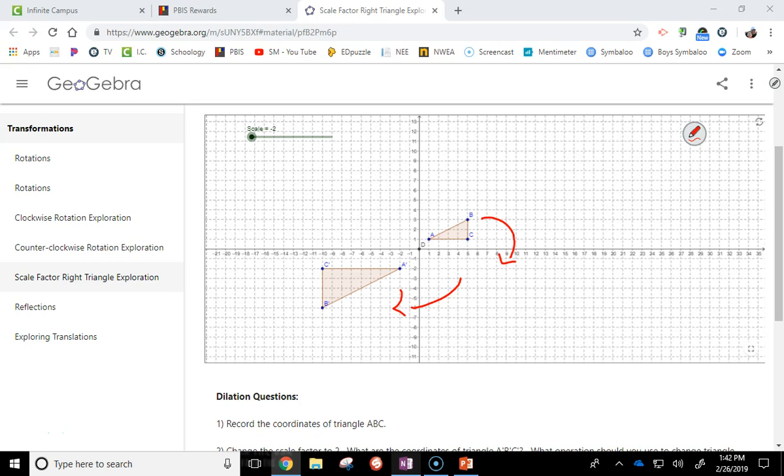Now, if it does -3, is it going to do 3 jumps? No. The 3 shows how much bigger it is. It's going to be 3 times big. The negative means opposite. So it would still go to the opposite one. If my triangle, I'm going to go ahead and do this. We're at -2, right?